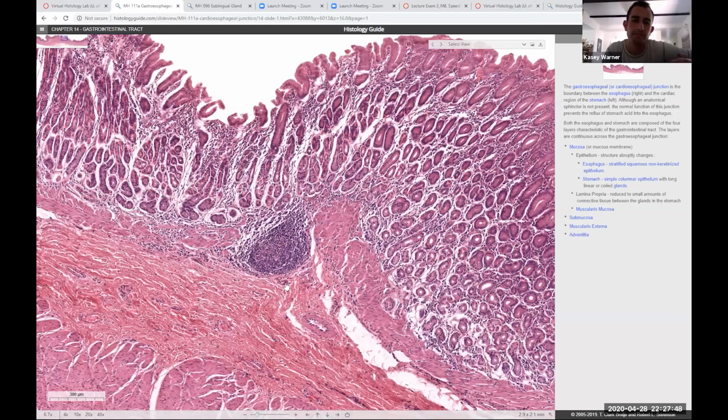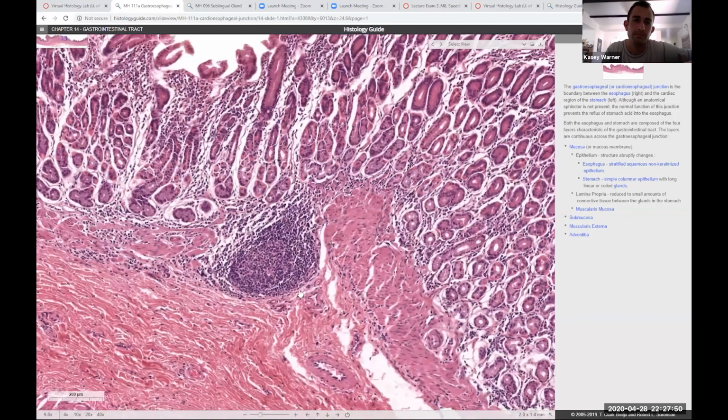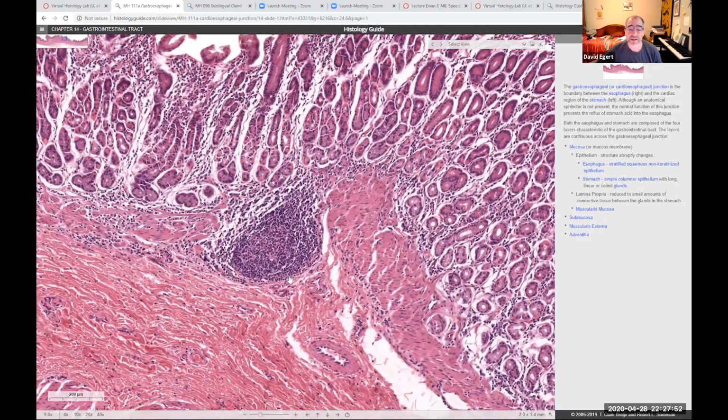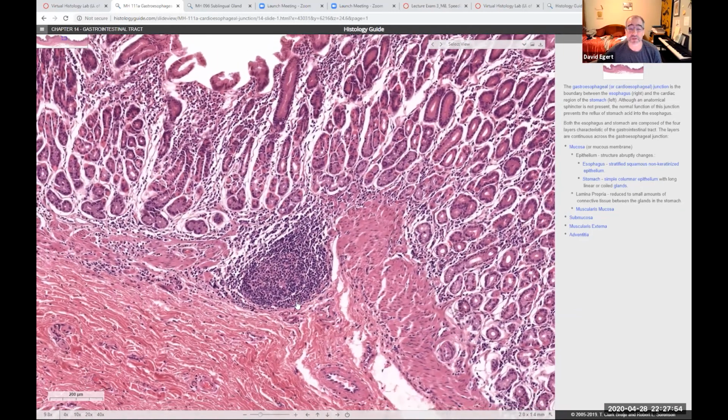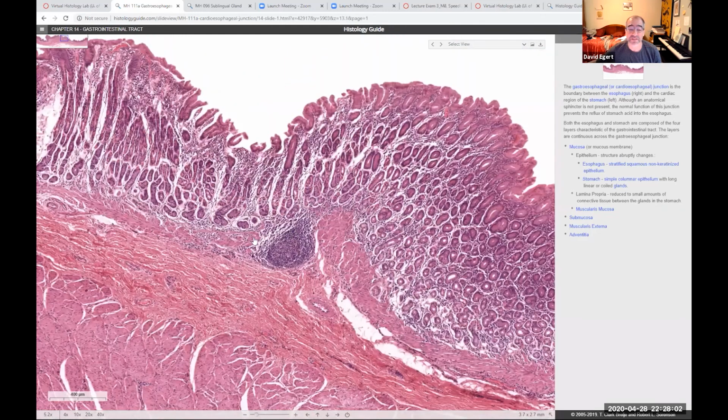No, it's got a really distinctive look. And it's right underneath the mucosa. Huh. What things are these kind of dense staining, like follicular structures right underneath the mucosa? Is that like the nerves and stuff? No, it's not nerves.